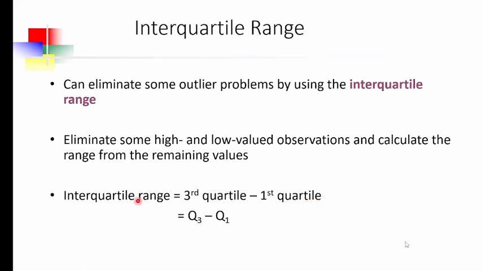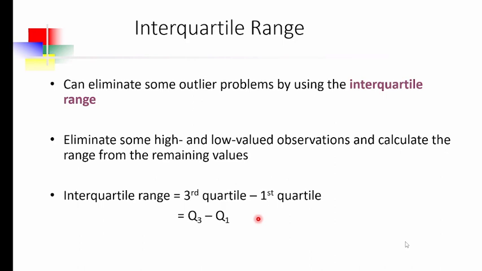Now, what are the third quartile and the first quartile? Quartiles divide the data set into 4 equal parts. The median divides the data set into 2 equal parts, but the quartiles divide the data set into 4 equal parts. So there are 3 quartiles: the first quartile, the second quartile, and the third quartile.